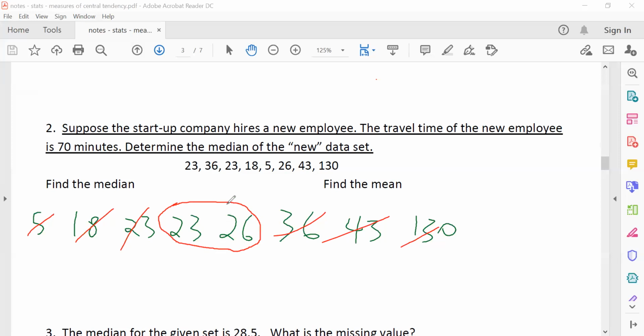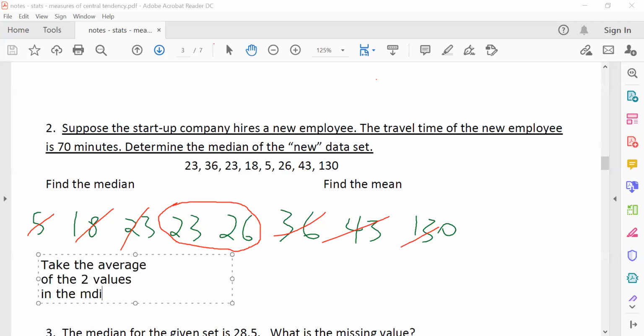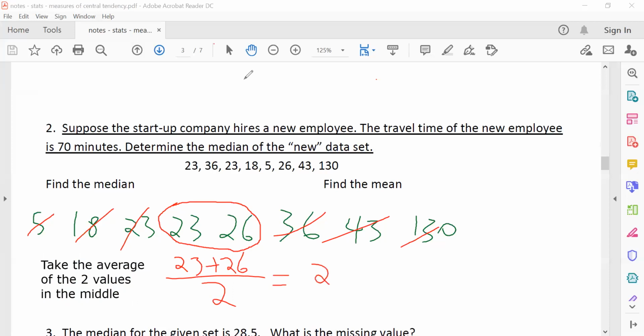In other words, take the average of the two values in the middle. And it's just the two values, not all 8, so I only divide by 2. And you're going to end up with 24.5.